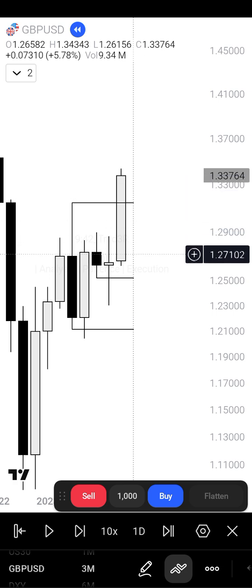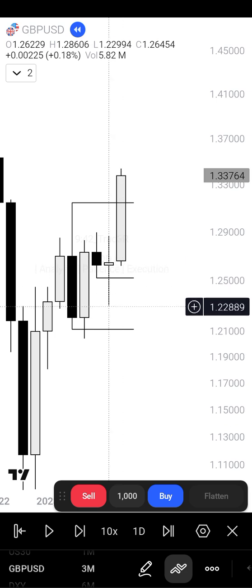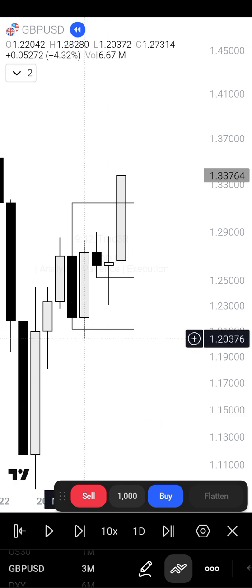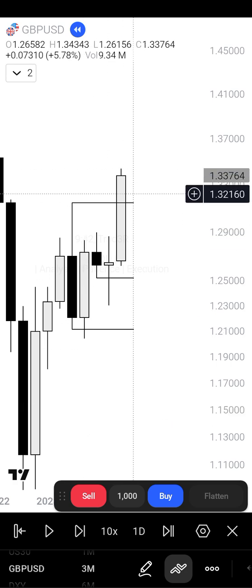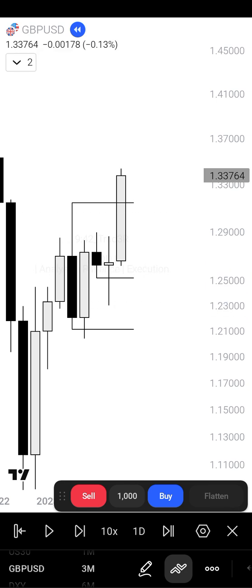Fill up imbalances and take liquidity below old lows. Below this candle low is an old low, below this low is an old low. So when we get to discounts of this range low, range high, then you can start looking for buyers to continue this bullish uptrend you're seeing on the 3 month chart.